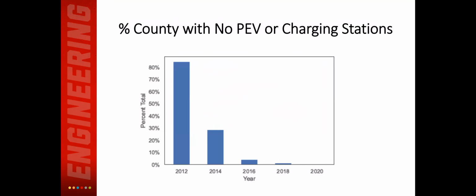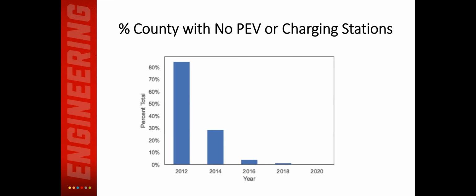Something else that's interesting in the data is that if you look at the percent of counties that have no electric vehicles registered and no charging station, just over half of the counties in the US have neither of those.